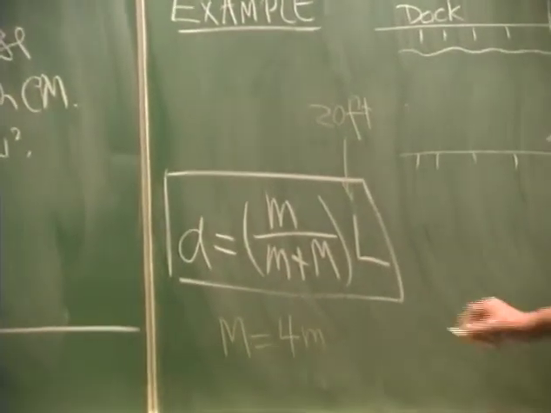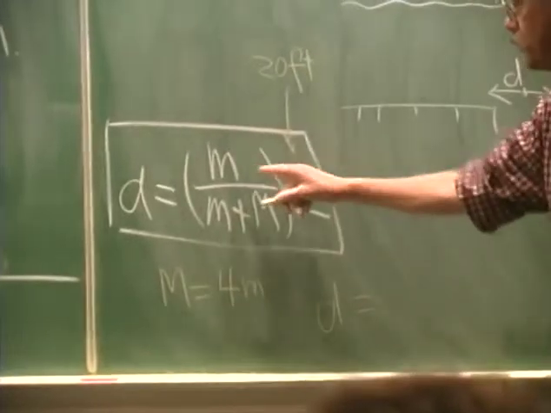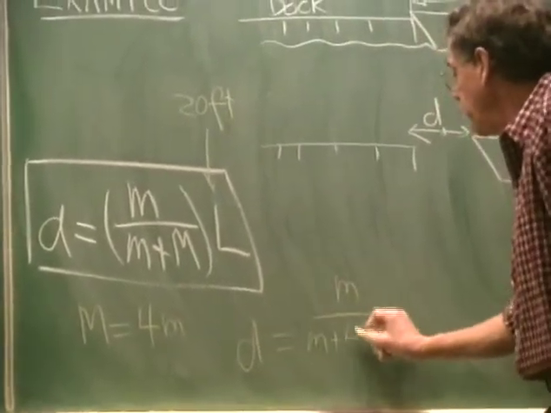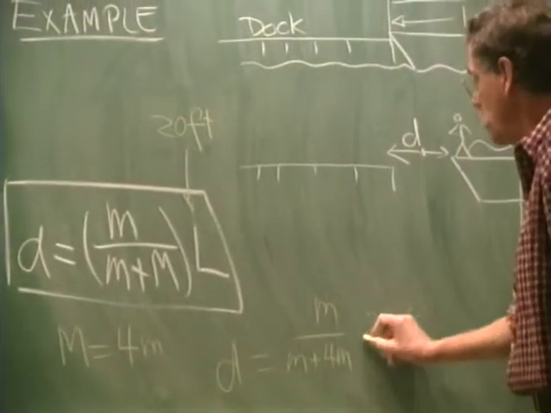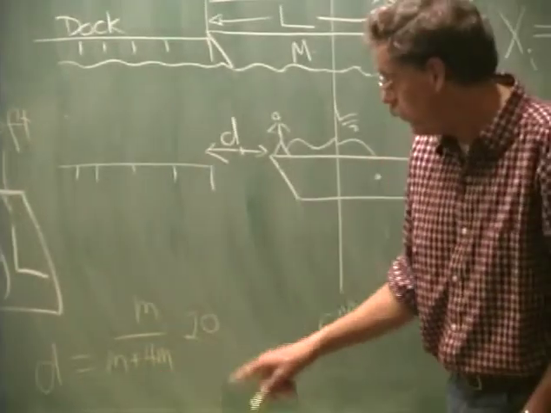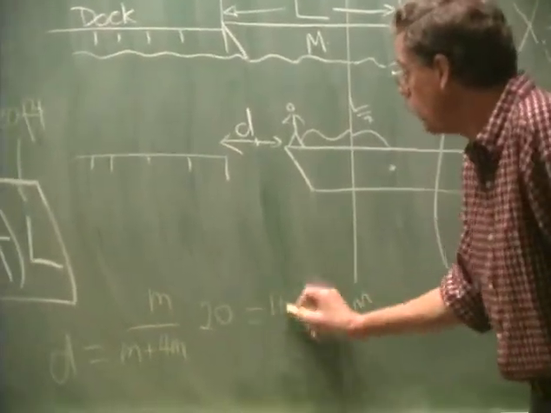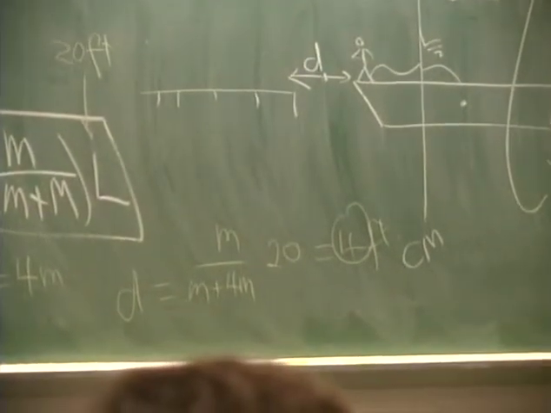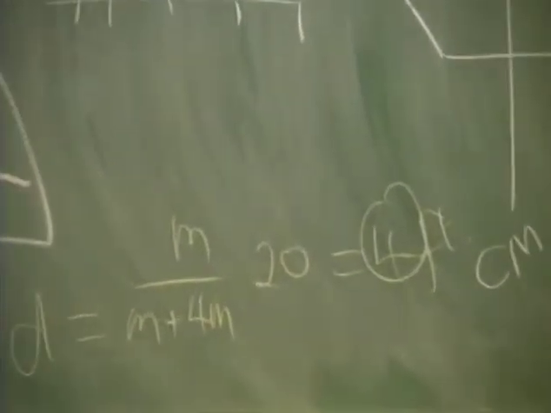Then what would I get? d is equal to m over m plus 4m times 20 feet, m over 5m, 1/5. 1/5 of 20 is 4. Sorry, you've got now 4 feet of open water between you and the dock.